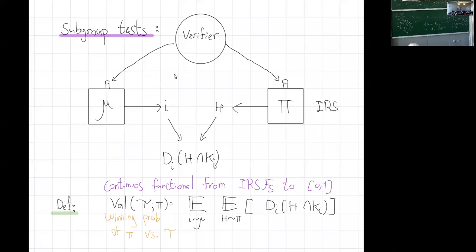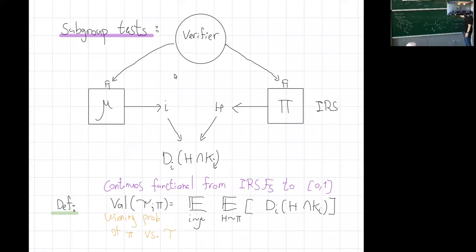And you can see that this defines a value. What would be the value? The probability that this specific IRS will make this thing being 1. So this is a pair. It's not only the value of the subgroup test, it's the value of the subgroup test versus a specific IRS pi.